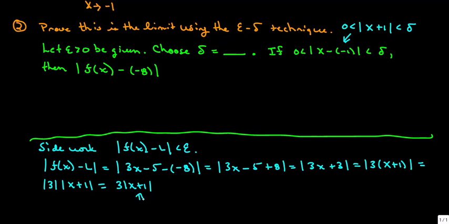So this right here is less than our delta value, which means that this has to be less than 3 times delta. Now watch how I'm working that out. Let me do it up here and then I'll erase it. What I have is the absolute value of x plus 1 is less than delta. That's already given to us. I want to have 3 times the absolute value of x plus 1, so if I multiply both sides by 3, look what I get. That's where this came from.